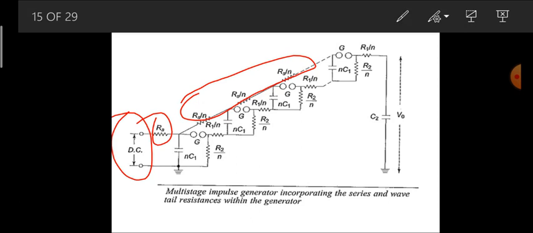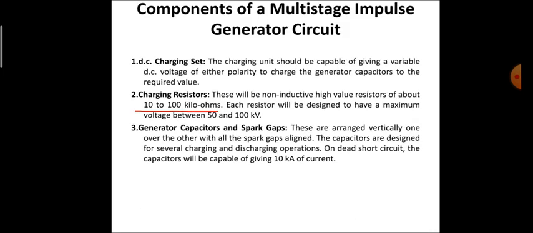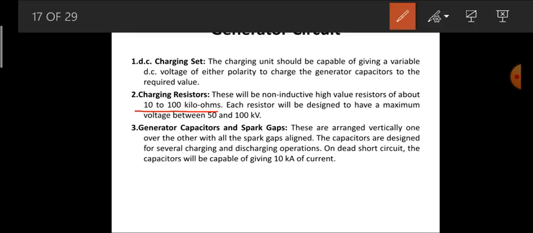The third component required here are your generator capacitors and the spark gaps or sphere gaps. These spark gaps are arranged vertically one over the other with all the spark gaps aligned.